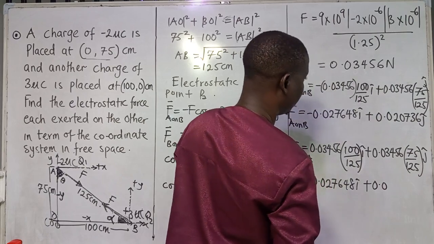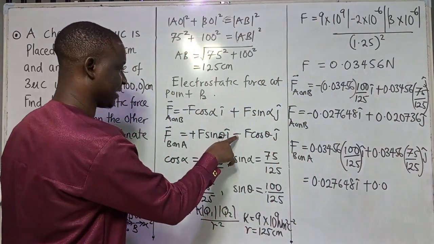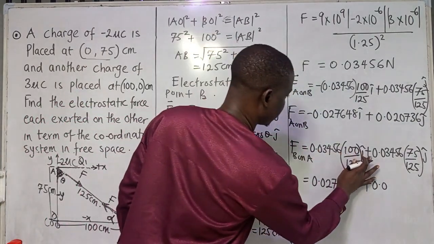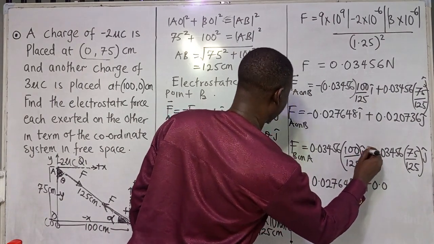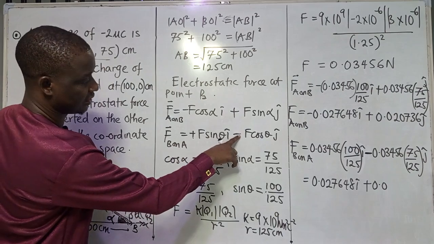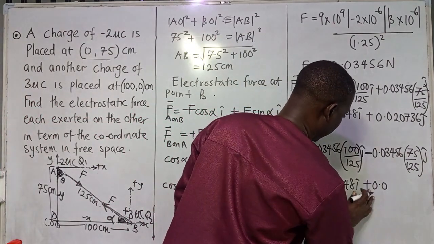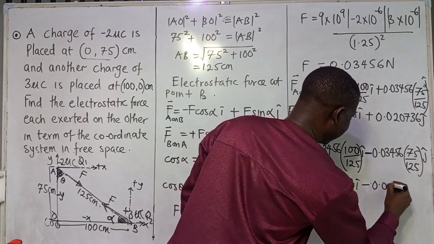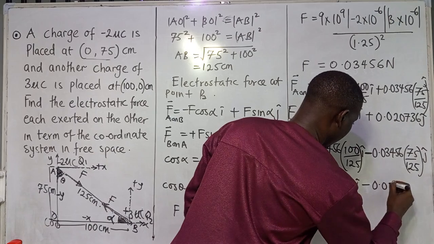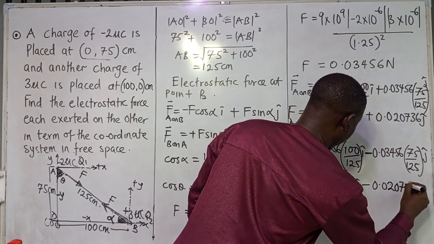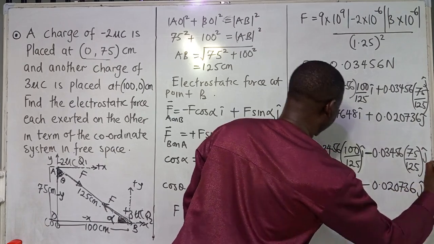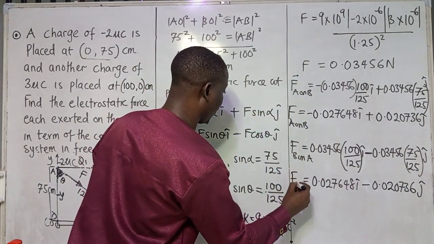This one will now be minus. I think I did not put minus here. There's minus here. Thank you. Okay, this is minus. So 0.0 minus 0.020736 j.